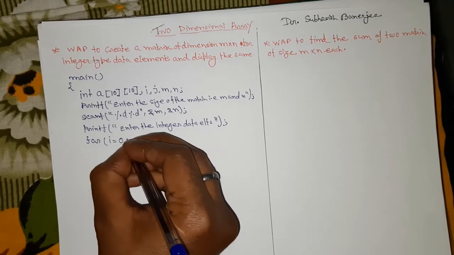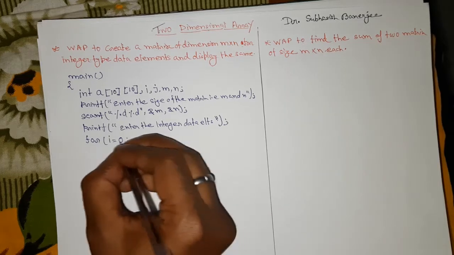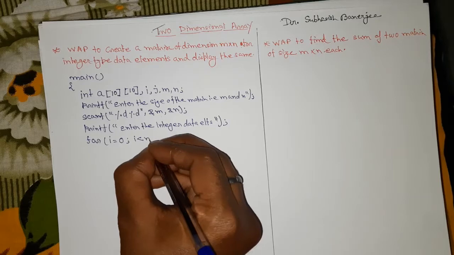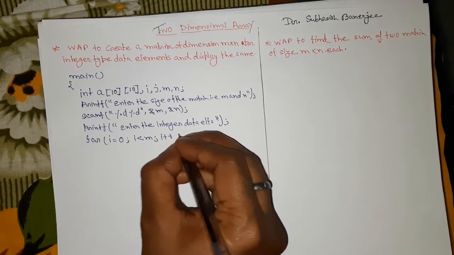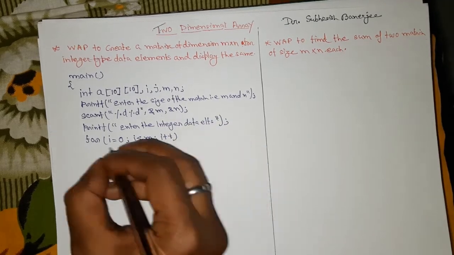As we have already specified, the rows always start from the 0th index. So i equals 0, the maximum number of rows is m, so i less than m, and after the first row, the 0th row, we'll have to move to the next row, so i plus plus.